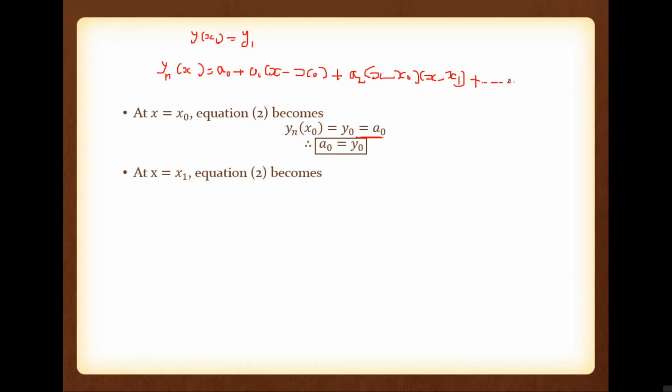Now at x equal to x1, yn of x1 is equal to a0 plus a1 into x1 minus x0 plus a2 into x1 minus x0 into x1 minus x1 plus etc.